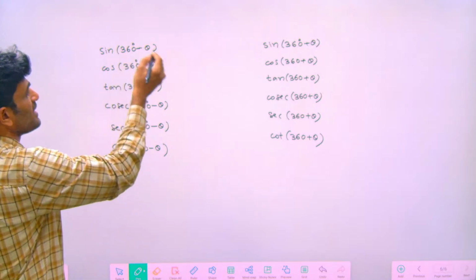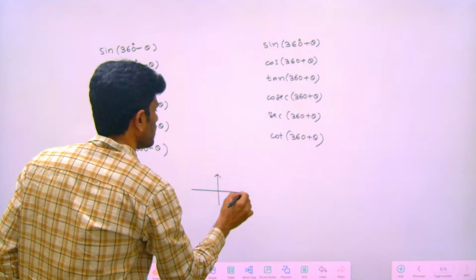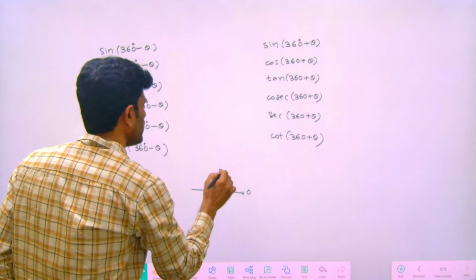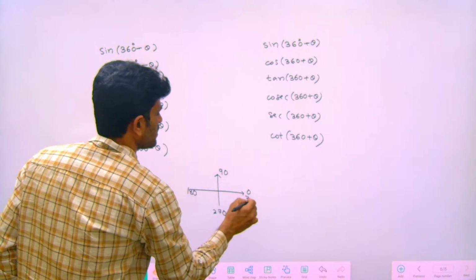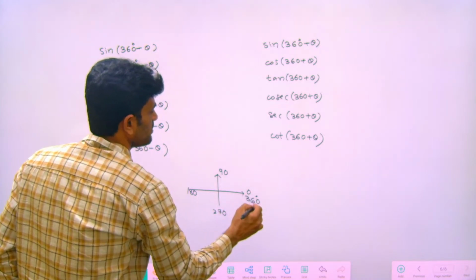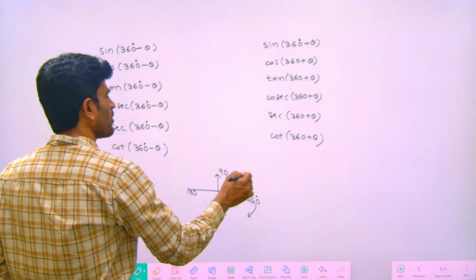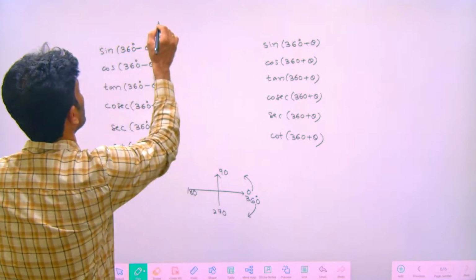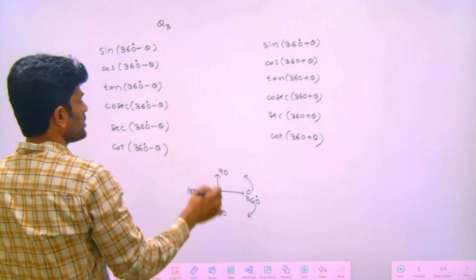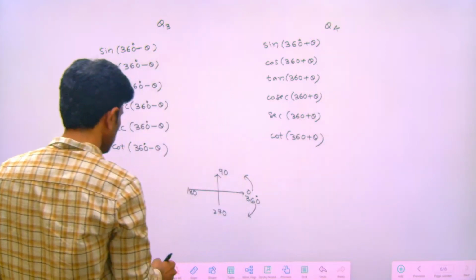So here, because it is 360 minus, which quadrant do you have to decide first? 0, 90, 180, 270, 360. Minus means you have to come in the reverse direction. Plus means you go in the forward direction. So 360 minus theta will come in quadrant 3. 360 plus theta will come in quadrant 4.